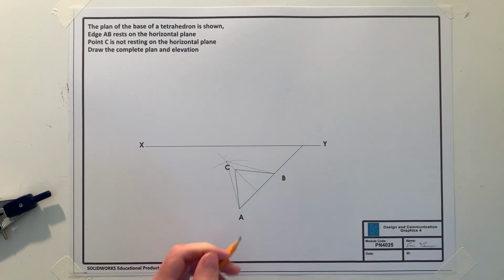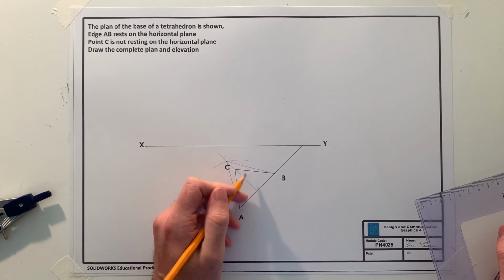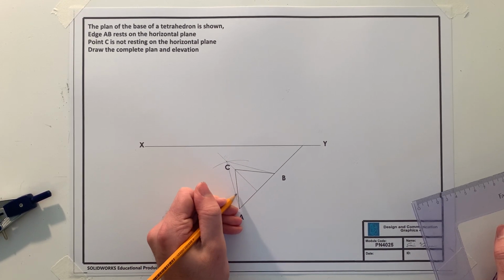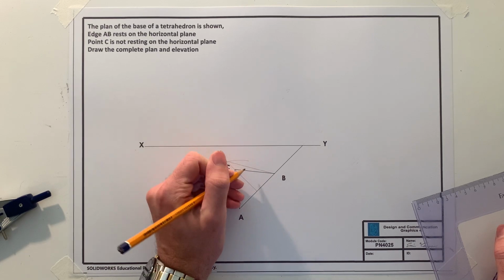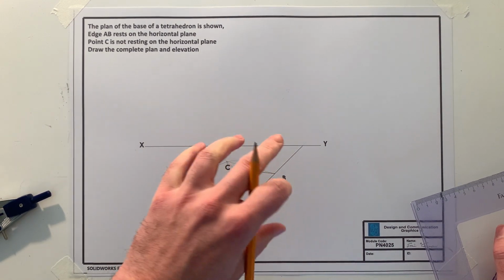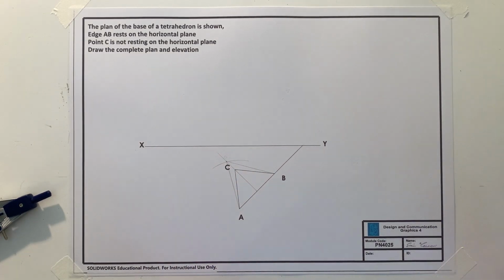And now what I'm going to do is complete, let's say, the tetrahedron in the plan here by bisecting this angle here and bisecting this angle, and where they both intersect will be a point here, and that'll be the central point of my tetrahedron as it is sitting here in the horizontal plane unrotated.